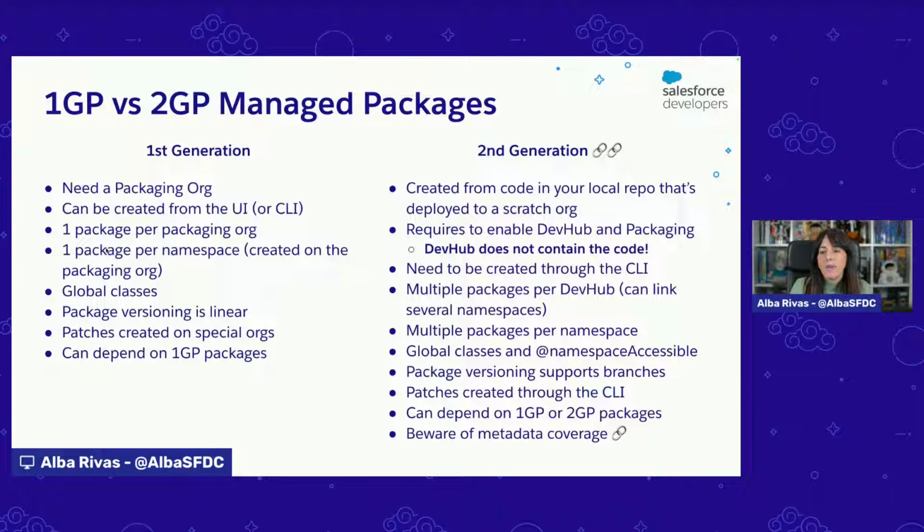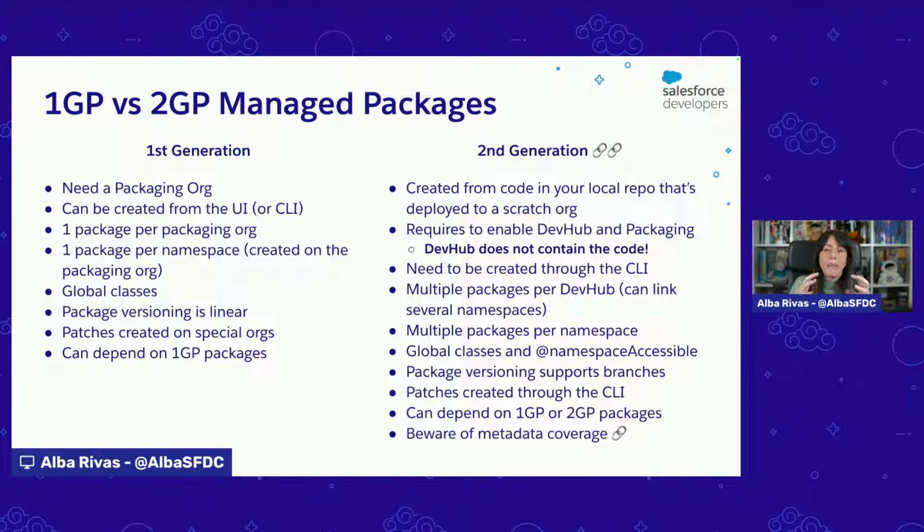Then in first generation managed packages, you can only create one package per packaging org, because you can only define one namespace per packaging org. You go to the packaging org, you define a namespace, and that's it. That's going to be the namespace for your managed package, right?